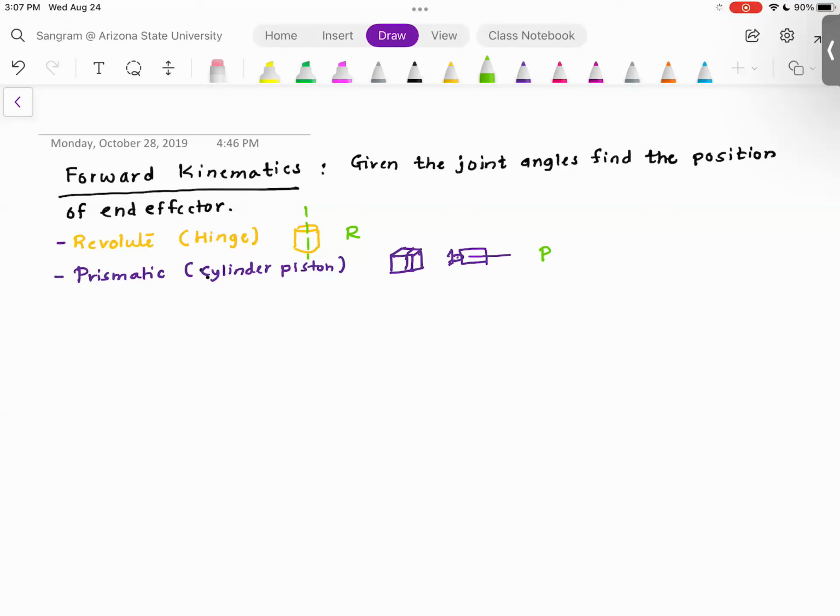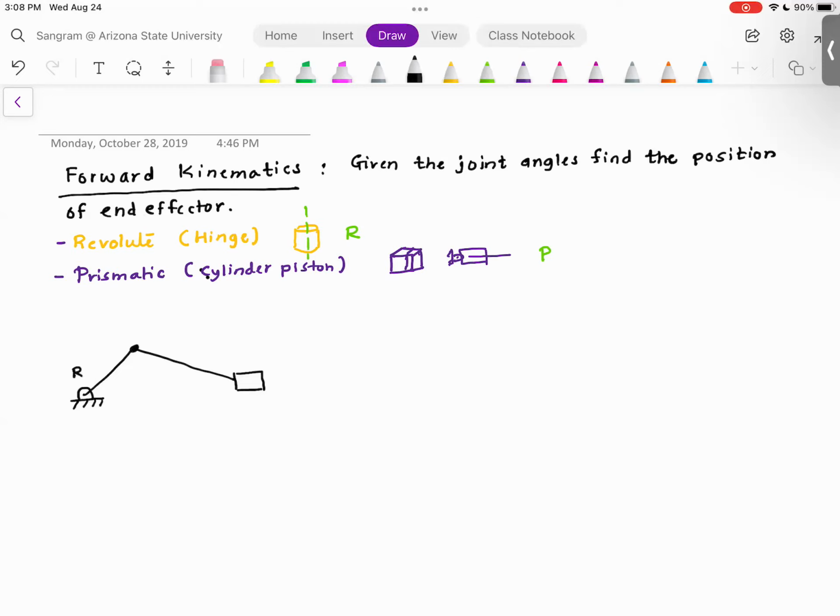So let me give you a mechanism, and for the sake of discussion, assume that's a robot. What I want to talk about is this slider crank mechanism, wherein you have a crank, which is a revolute joint.